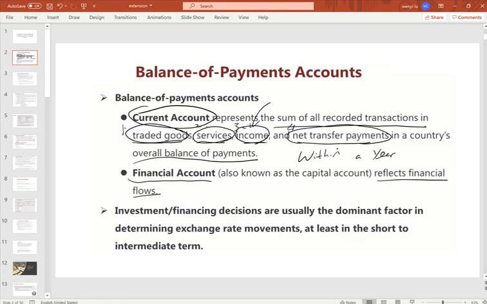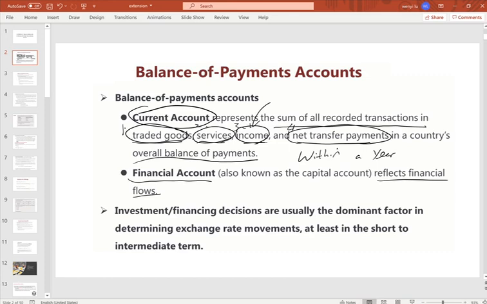Also, if you buy a property in London or Paris, and you have some rental income and mortgage interest for purchasing the foreign property, all this will be recorded in the financial account.